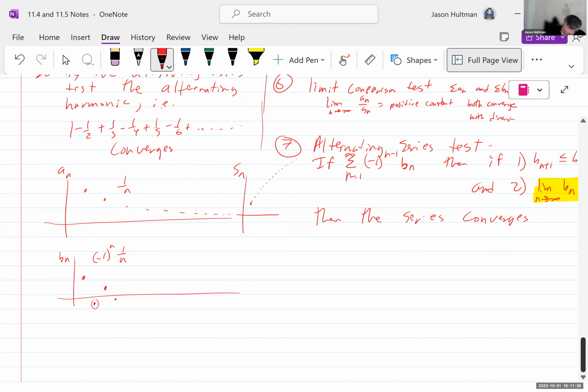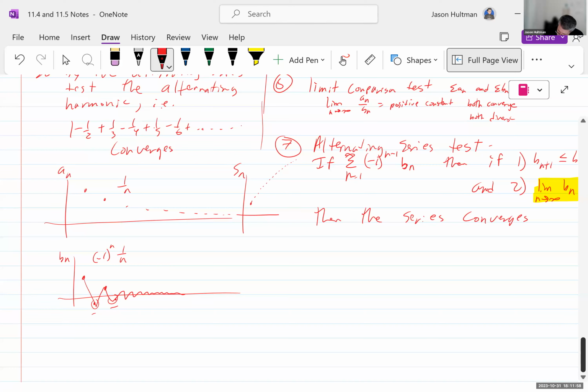So every other one I'm subtracting off, and that makes this thing converge. It bounces up and down, up and down, and the ones below the line are canceling values, canceling a bunch of stuff, so this goes to 0 much faster.